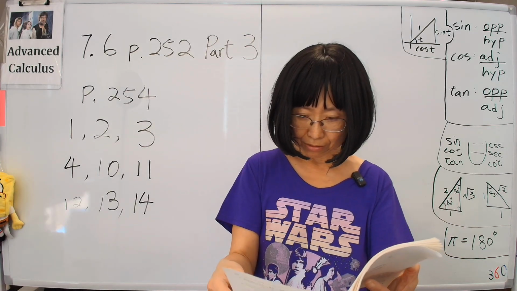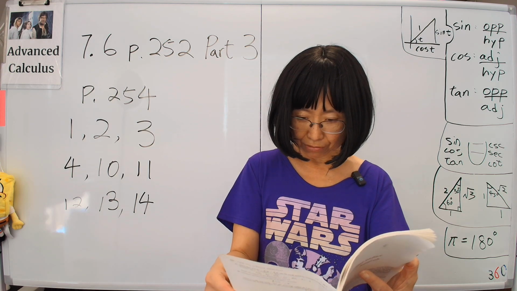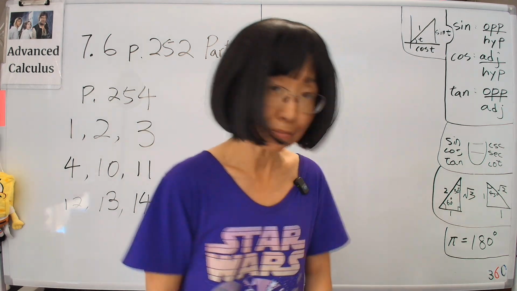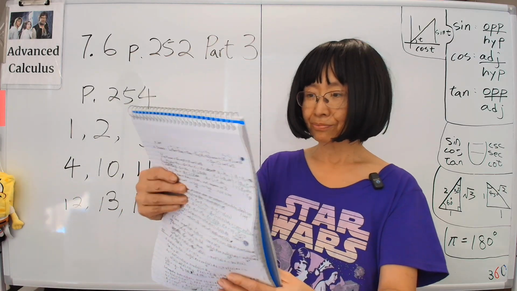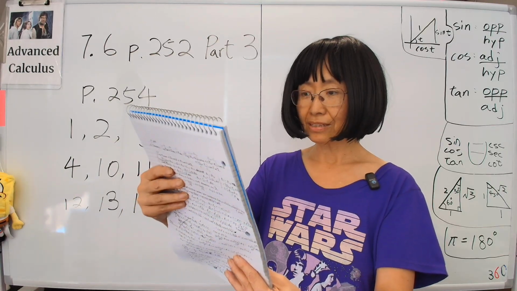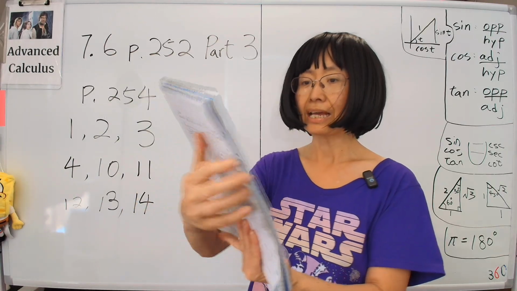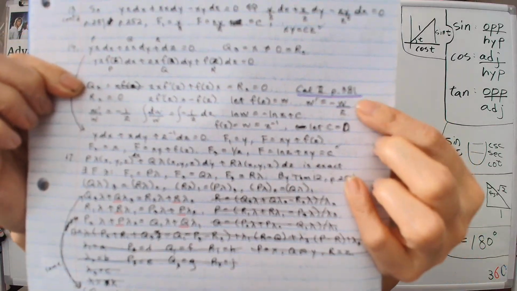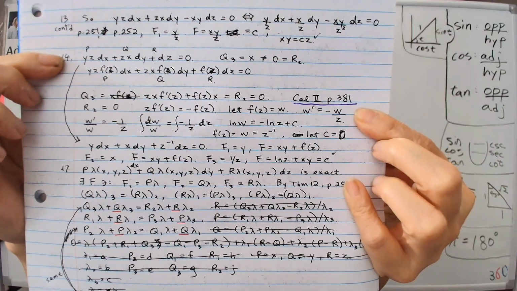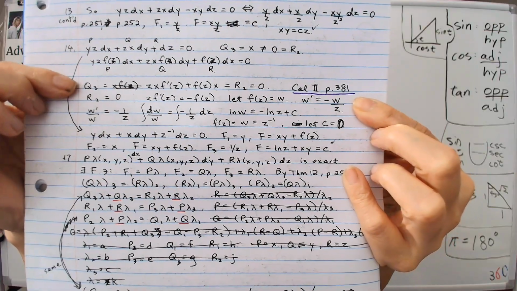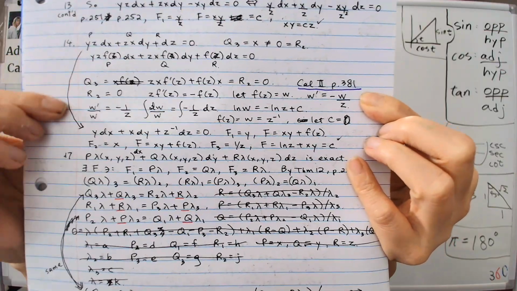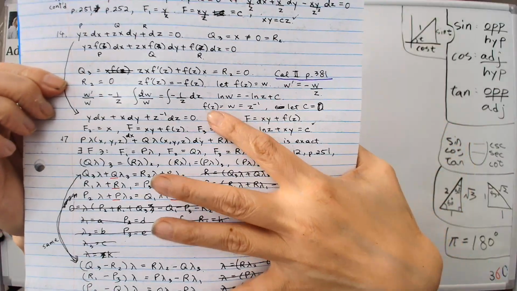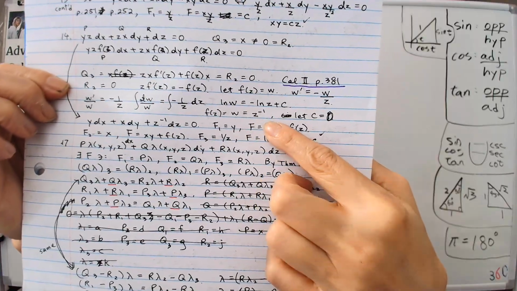Problem 14, we're just going to solve some equation. We're going to solve it the same way we just solved the previous one, by adding some kind of f of z in there to make things come out. Then we do the differential equation just like in the previous problem. We figured out what Q3 is, and we did the differential equation, which comes out f of c equal to c to the power minus 1.